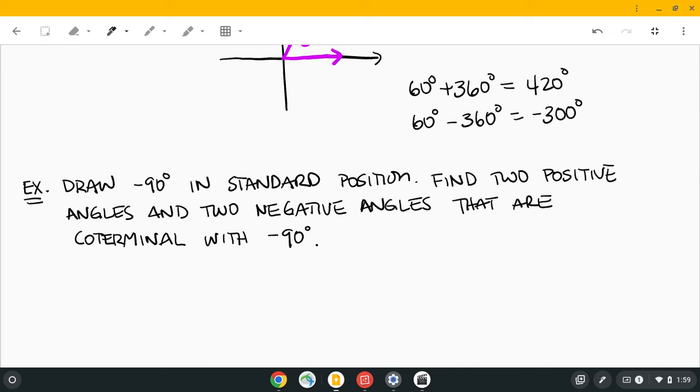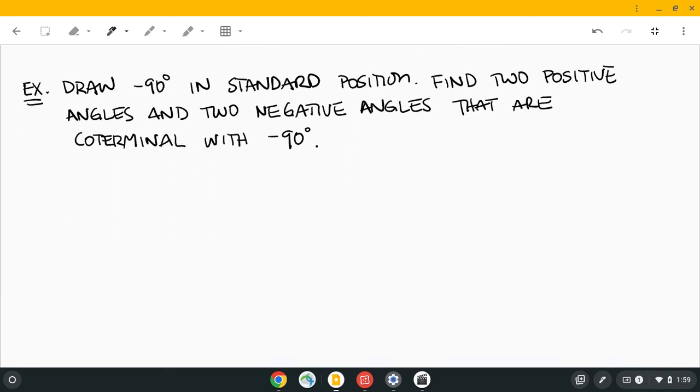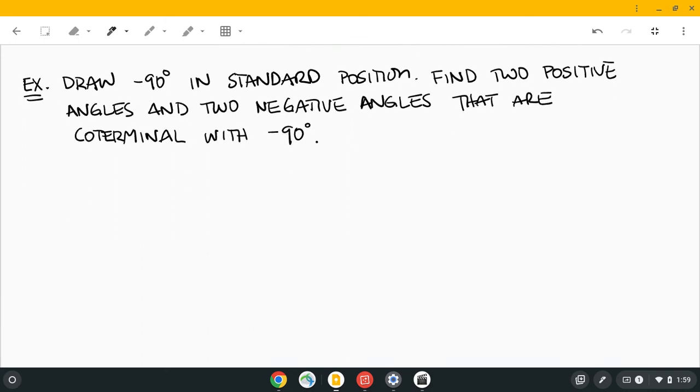Okay? So again, the way you do this is you just either keep adding 360 or keep subtracting 360. All right, so let's start with the positive. And we need two of each.